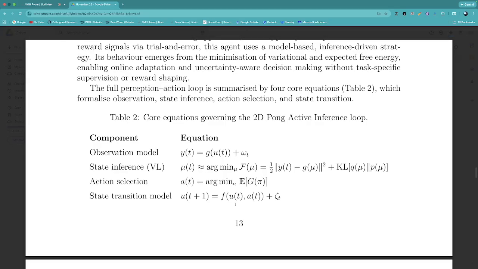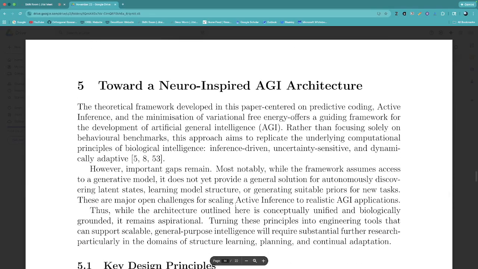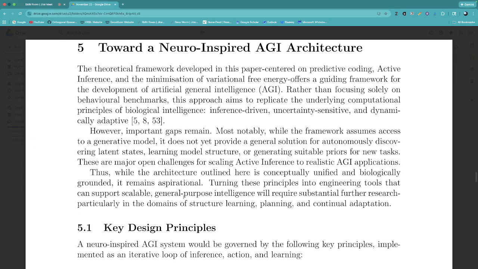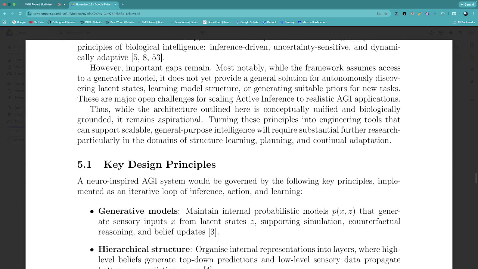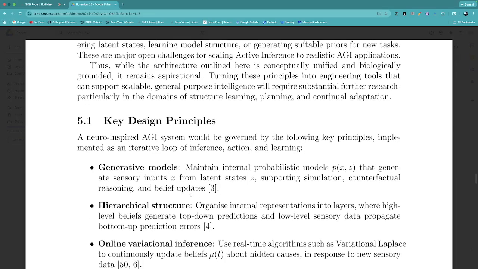I glossed over the difference between reinforcement learning doing trial and error and, I wouldn't say it's trial and error, the active inference model, but we talked about the mathematical underpinnings already, so you get a sense of how that differs. And then, of course, we're going towards neuro-inspired AGI architectures, where we have these key design principles.